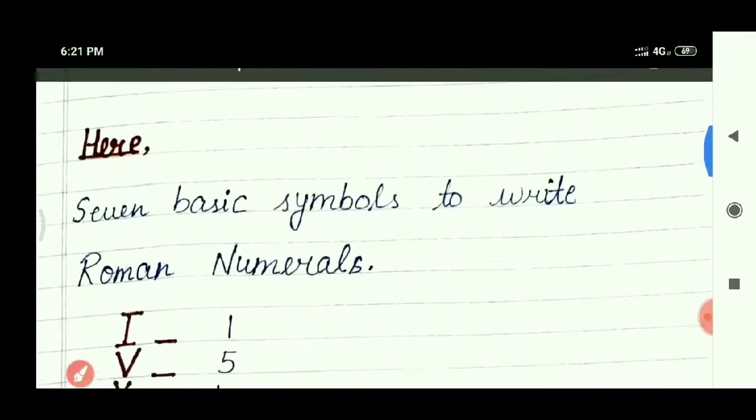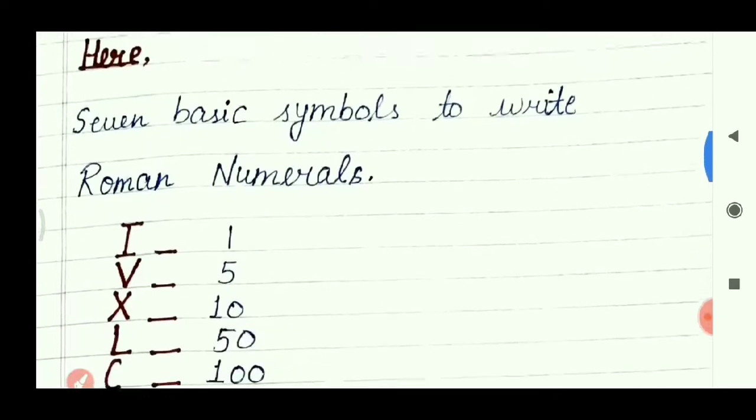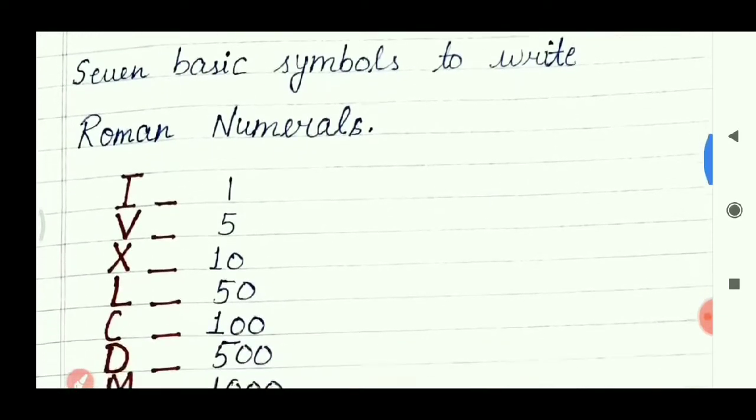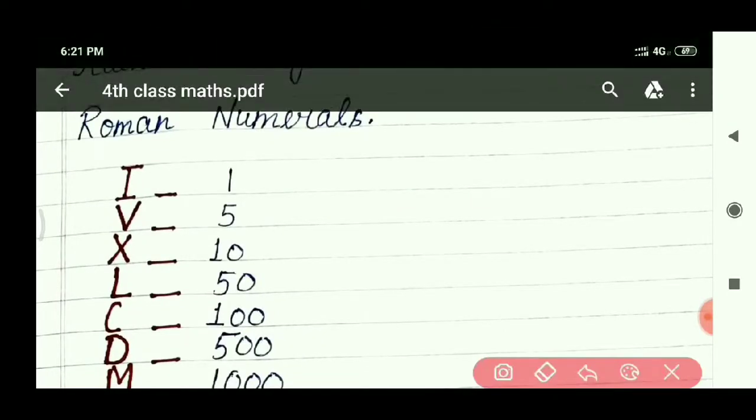Here are the Roman numerals and these are the Hindu-Arabic numbers. So I is 1, V is 5, X is 10, L is 50, C is 100, D is 500 and M is 1000. Clear?